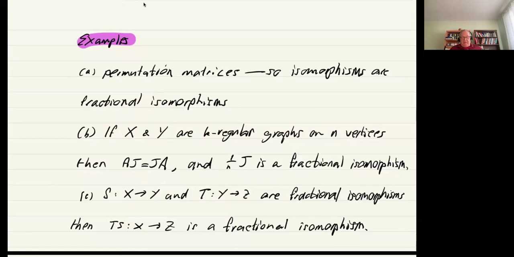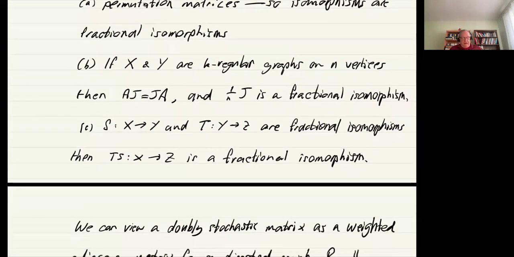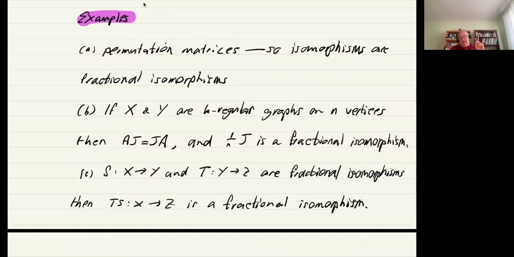The third example I've got here is if I've got two fractional isomorphisms from X to Y and Y to Z, then their composition is a fractional isomorphism. And so particularly, the fractional automorphisms of a graph form a monoid.